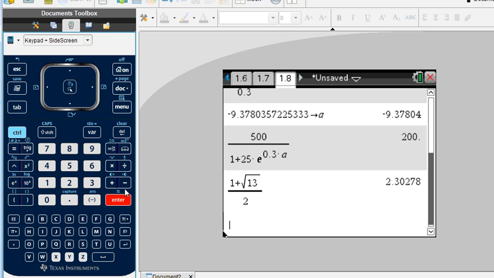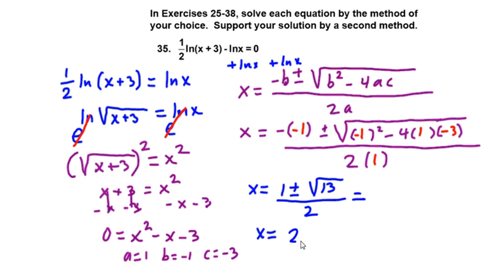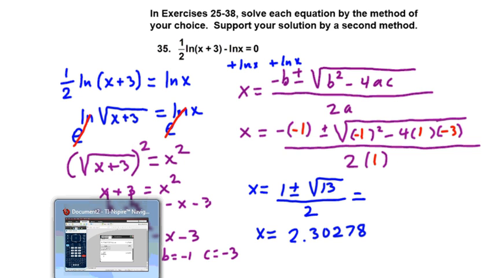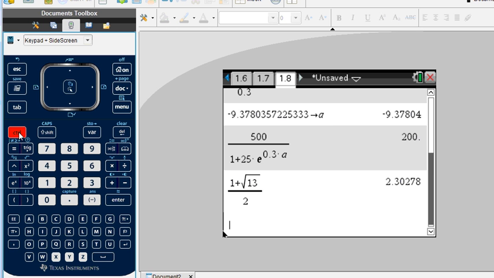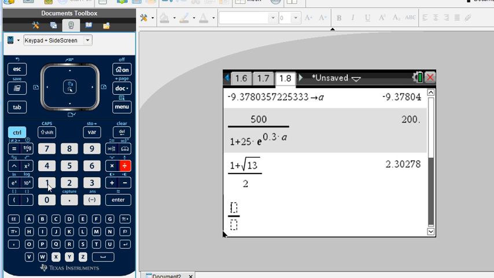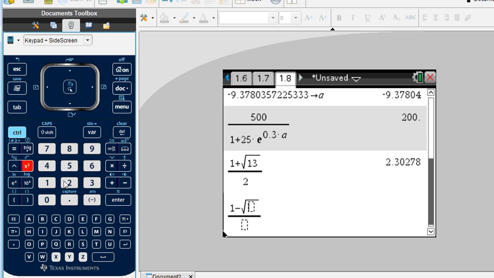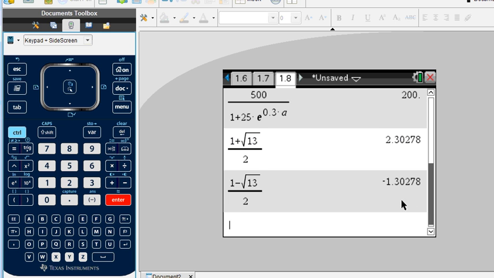And we get 2.30278. And this is going to be plus or minus. So we can also take the minus portion here. Let's go back to our calculator. So we're going to have 1 minus square root of 13 over 2. And we get this negative 1.30278.